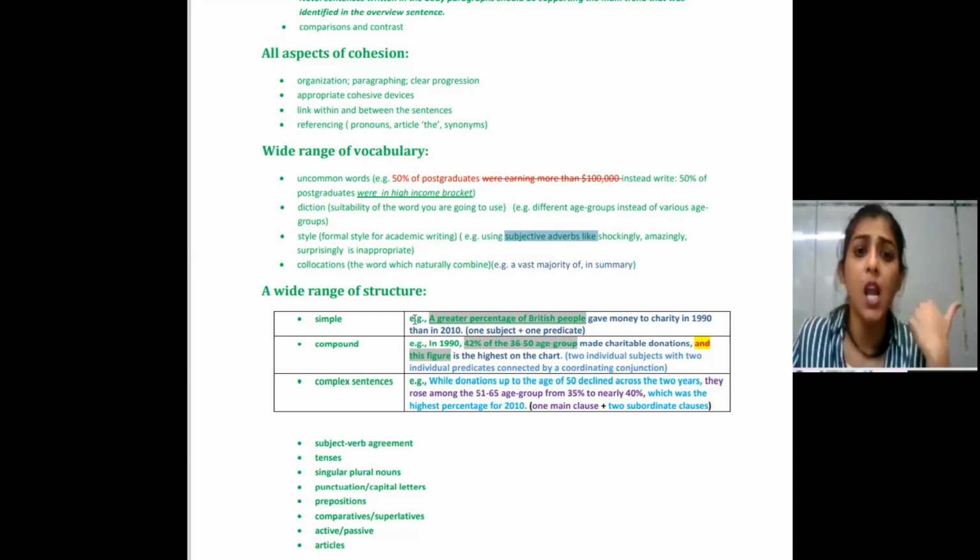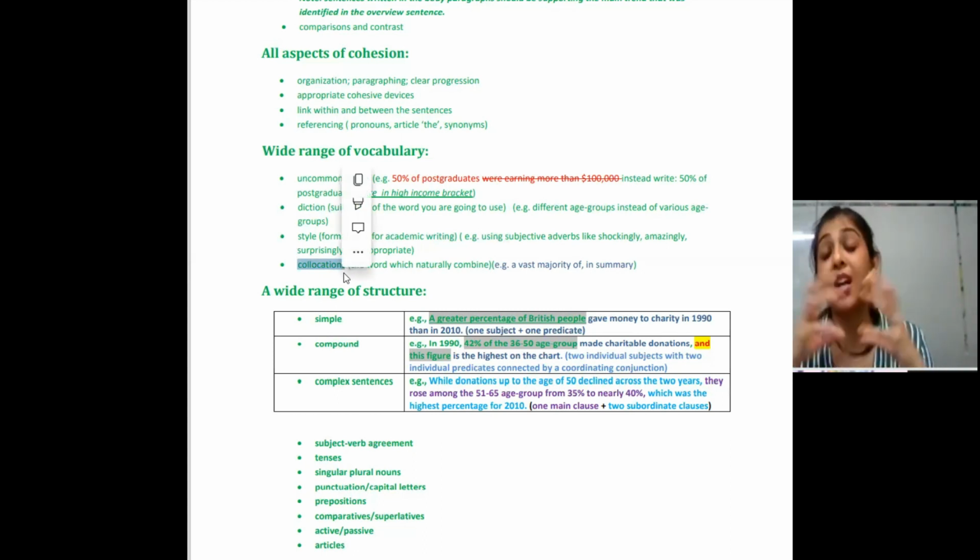Got it? Now next is collocations. Collocations are combinations of words. There are some words or groups of words that are naturally juxtaposed, which means they naturally come together.